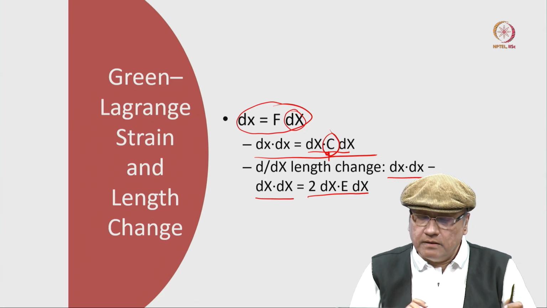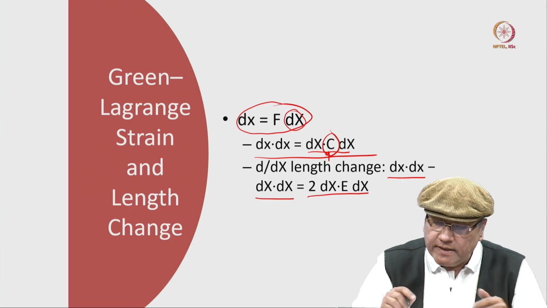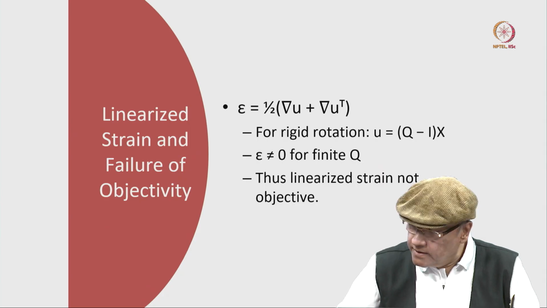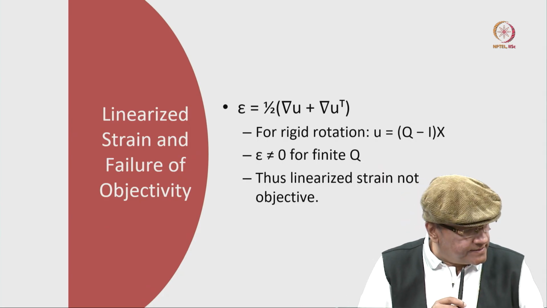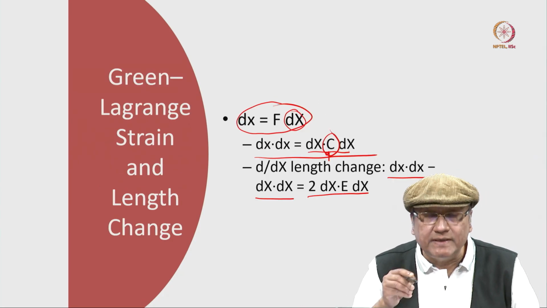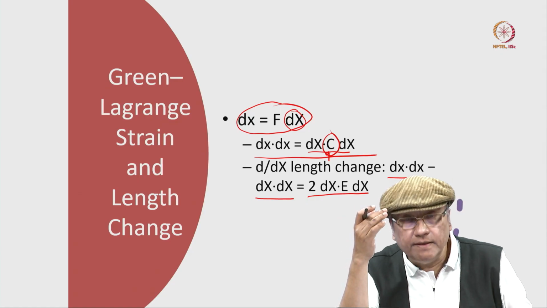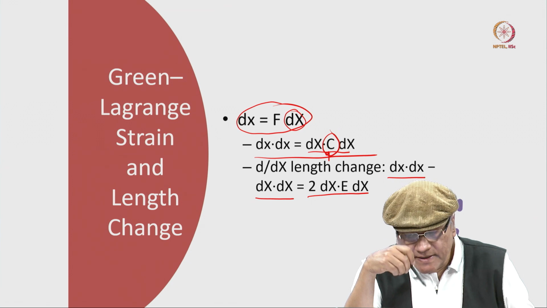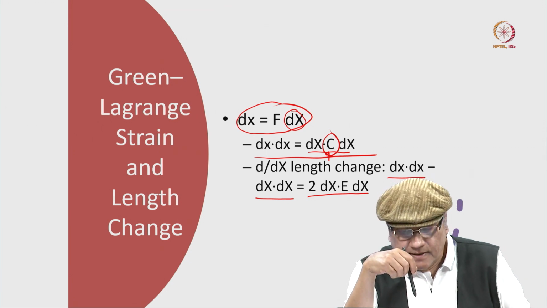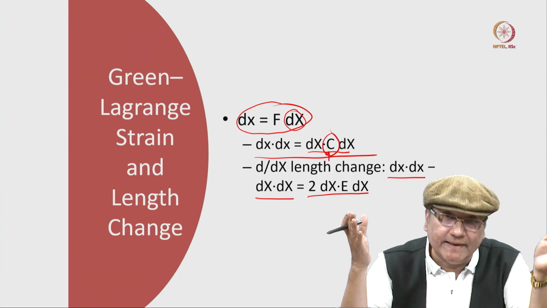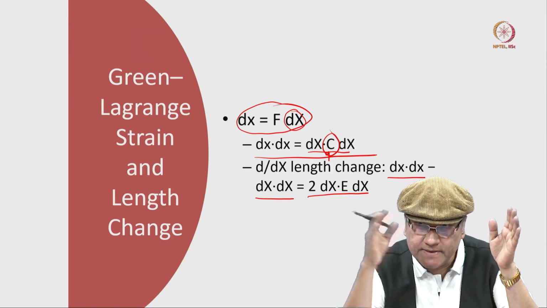So this follows directly from the previous step. Therefore you can clearly understand that the strain in the material configuration is a measure of the change in the squared length in the spatial versus the material.